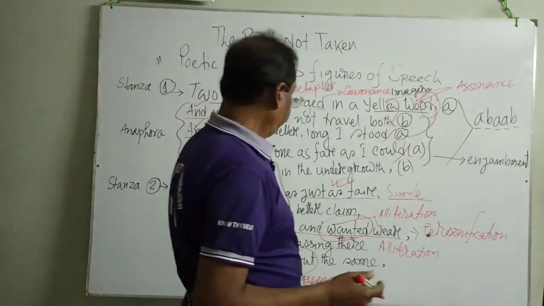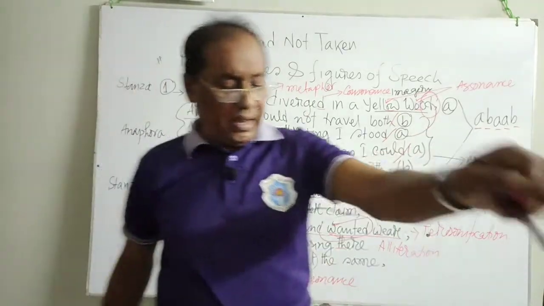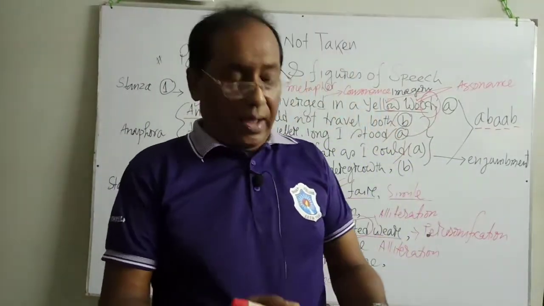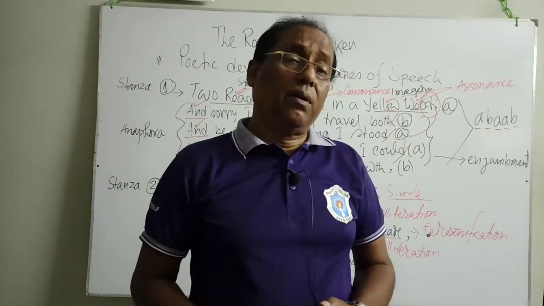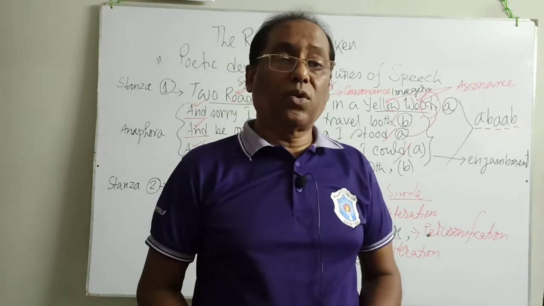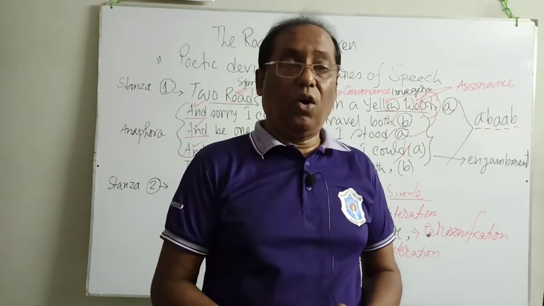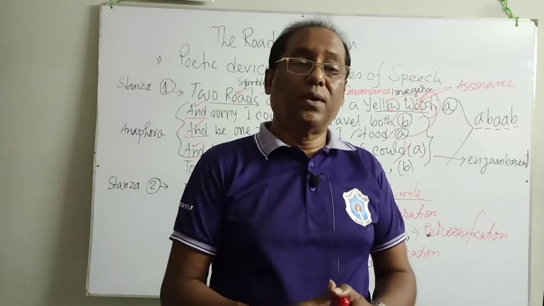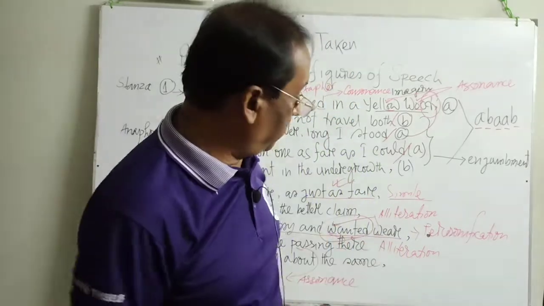Here we also find alliteration. What is alliteration? Alliteration is the repetition of the same consonant sound at the beginning of successive words in a line of a poem.